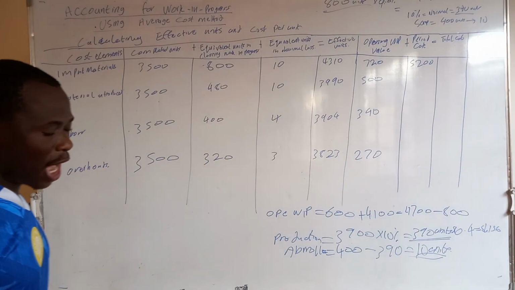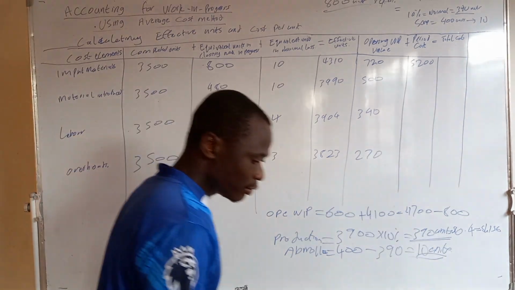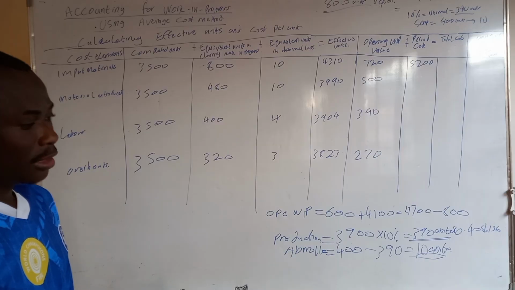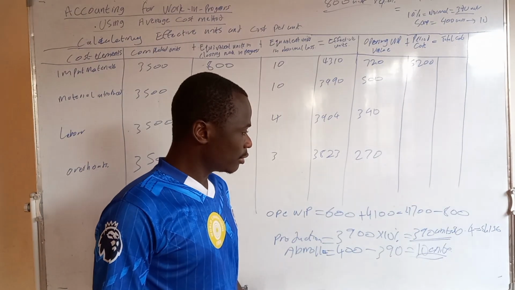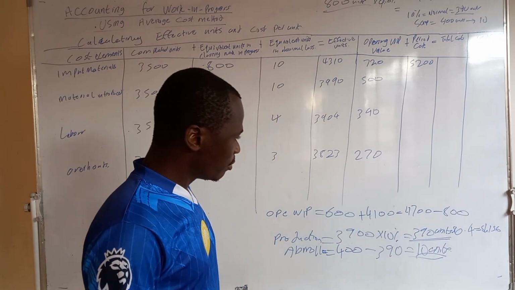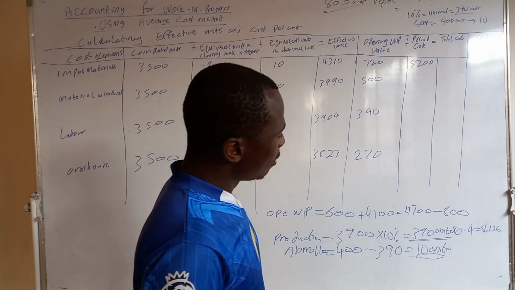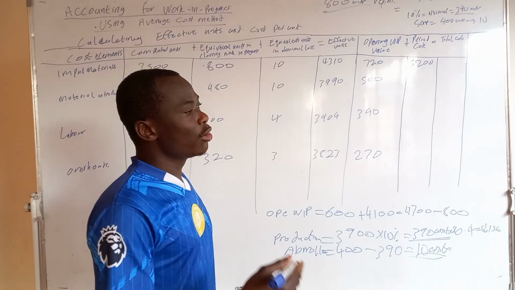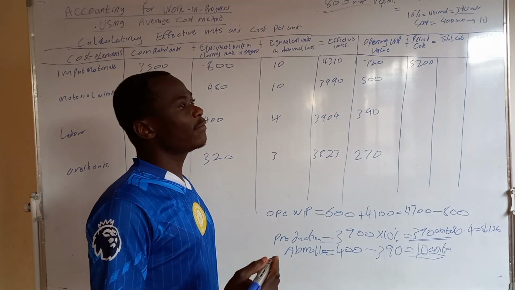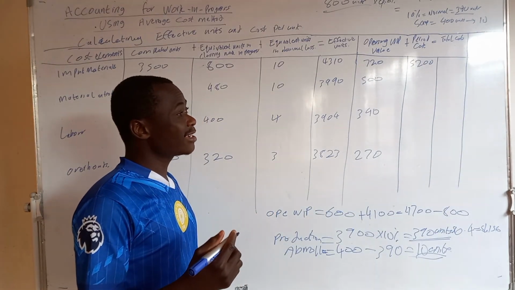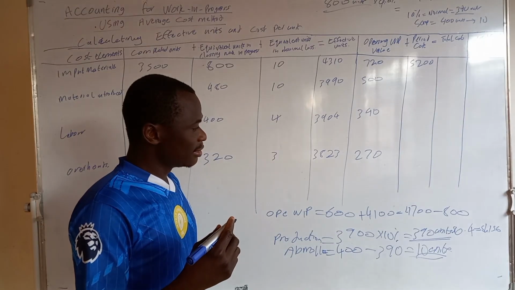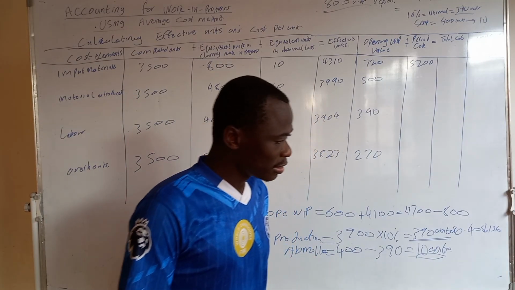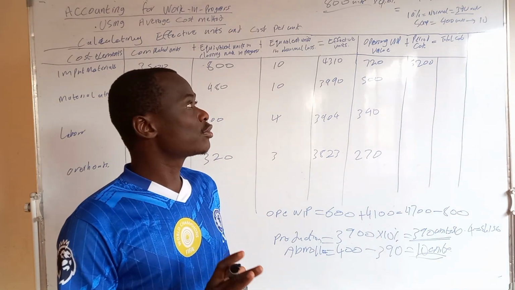Remember, from our accounting for process, which is also on the YouTube platform, wherever you sell a normal loss and get a value from it, it simply means that the normal loss has brought in something.